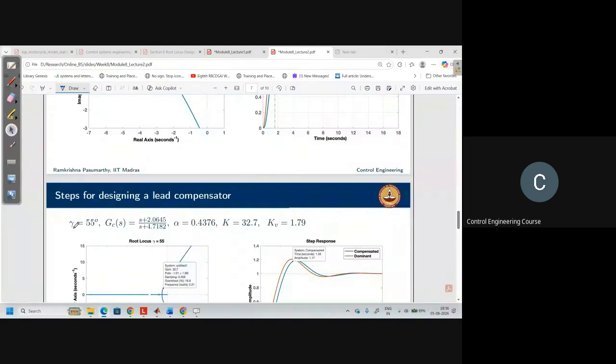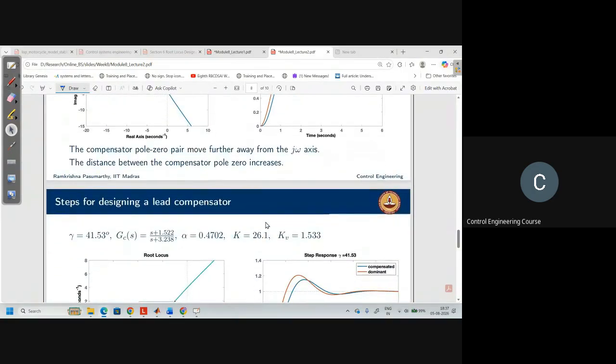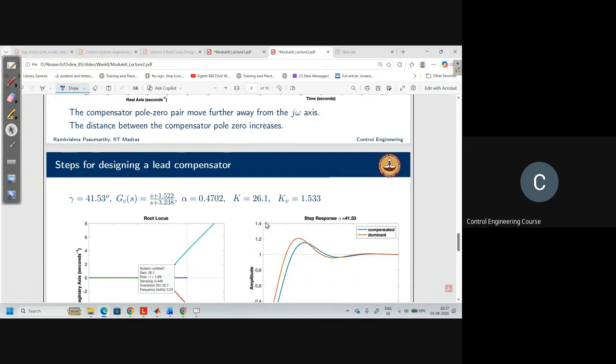Suppose we choose gamma as 55, then alpha turns out to be 0.436, with the corresponding k here. So you are getting this kind of difference. If you choose a different gamma, you get a different value. So what is the best gamma you are going to choose?